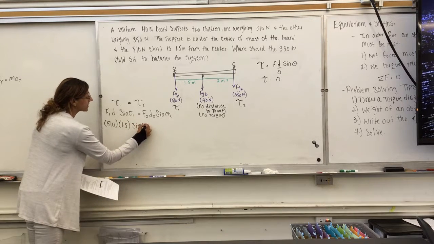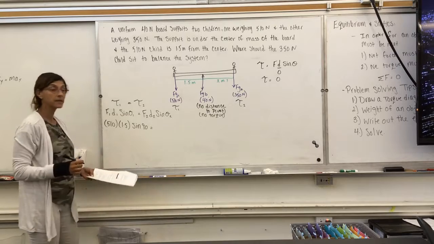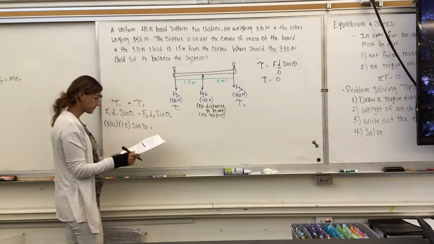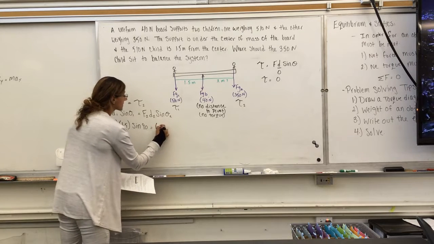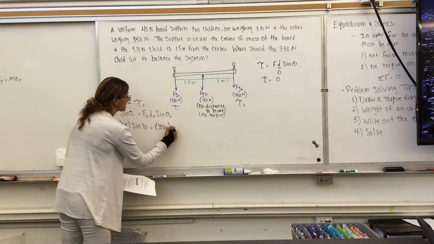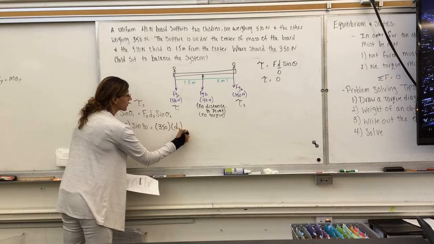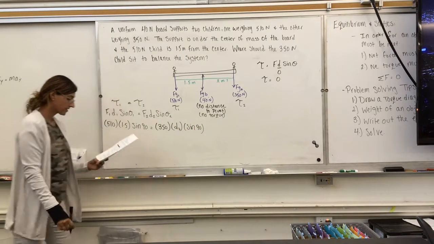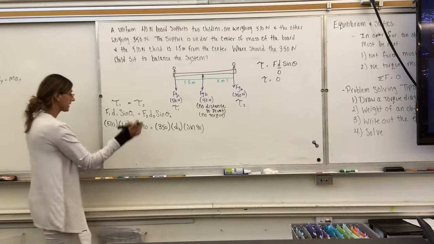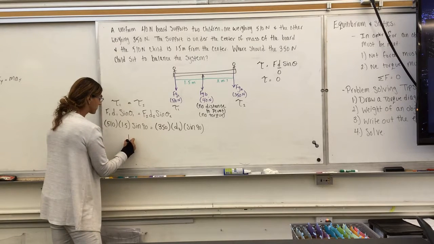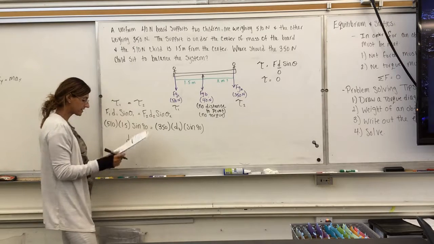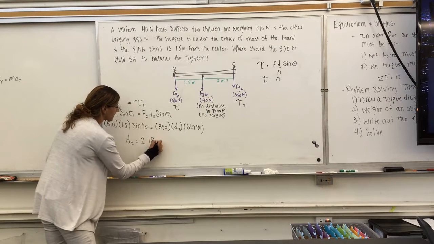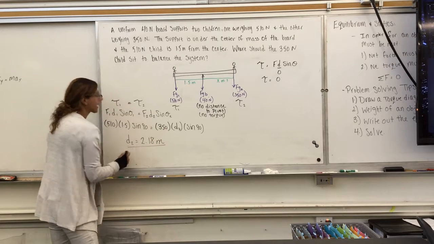Sine of 90 because the force and the distance are perpendicular. That equals the second force 350 times the distance I don't know times sine of 90. Okay? So once you plug these numbers in and solve for D2, you will see that D2 is equal to 2.18 meters.